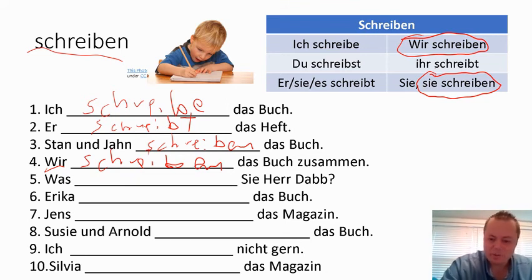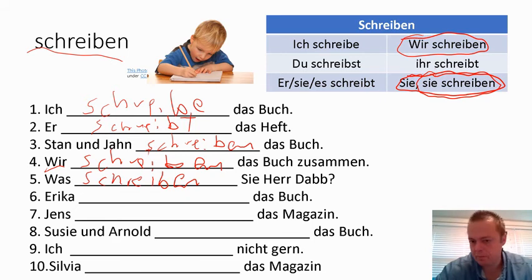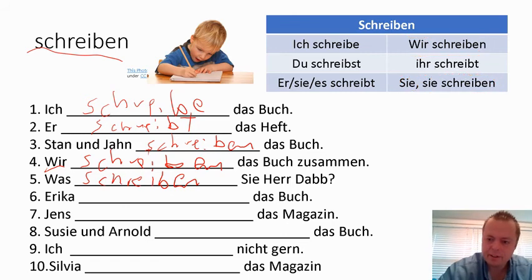All right. And the last one we're going to do together is was schreiben Sie? Was schreiben Sie, Herr Dab? Okay, again, we use the Sie formal because when you speak with me, you would use formal. So now the next thing I'm going to have you do is go ahead and do these.